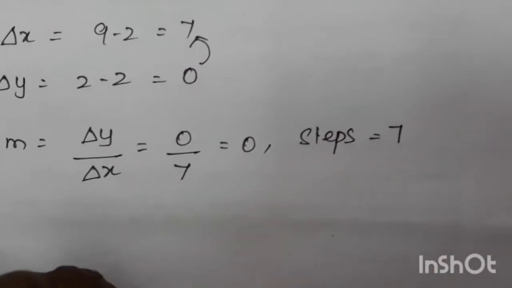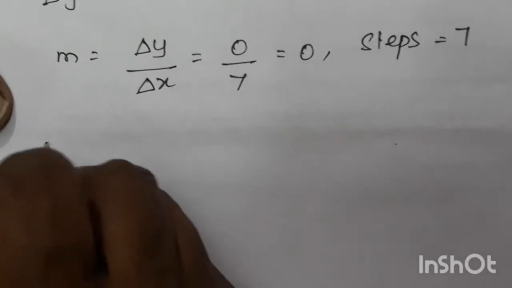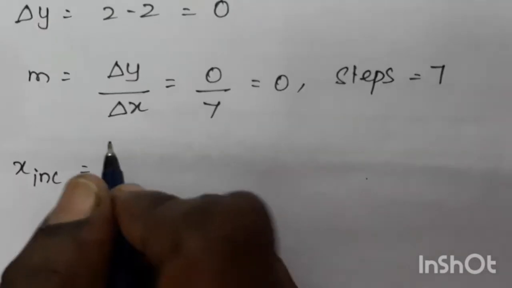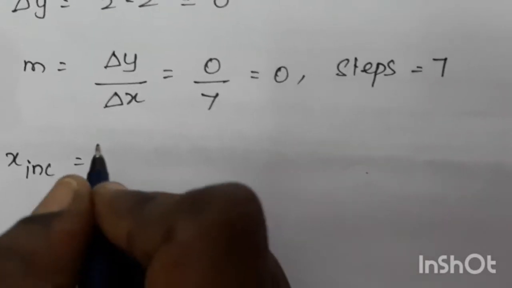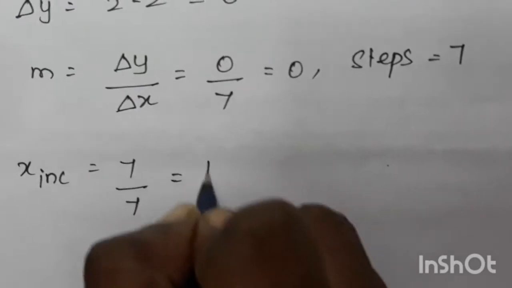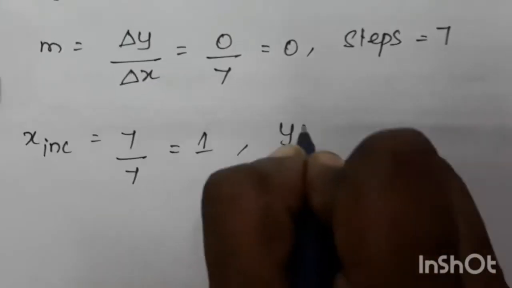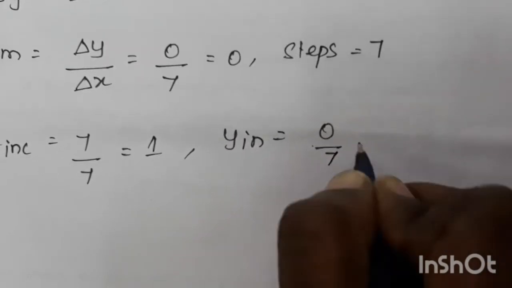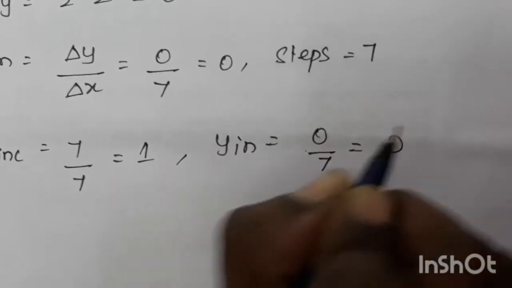Now we need to find out the x increment value. X increment is the difference by steps, so 7 by 7 is equal to 1, and y increment is 0 by 7, which is equal to 0.